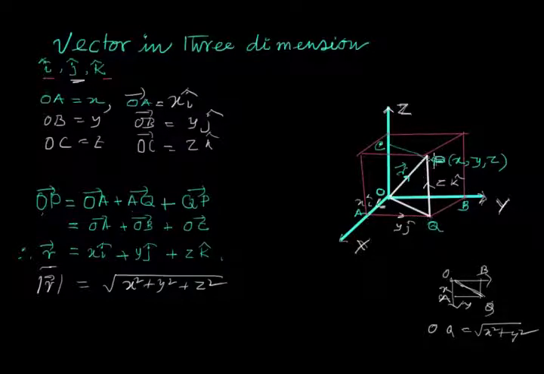Now look at this again. We are getting triangle OPQ. It is again a right angle triangle. This angle is 90 degrees. So OP is the hypotenuse. So OP square is equal to OQ square plus PQ square.